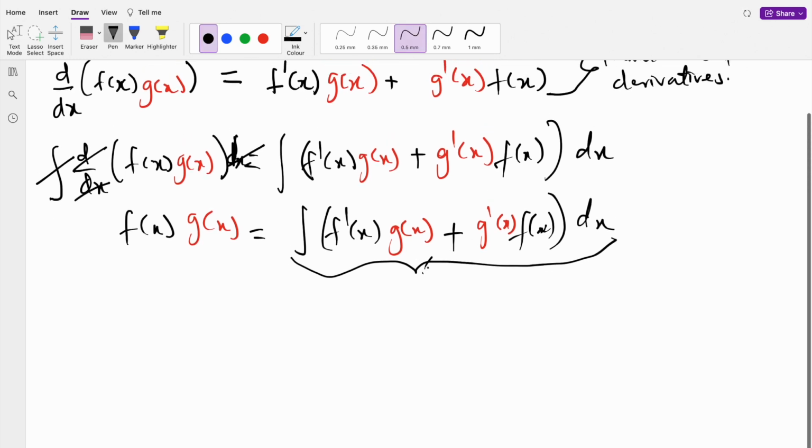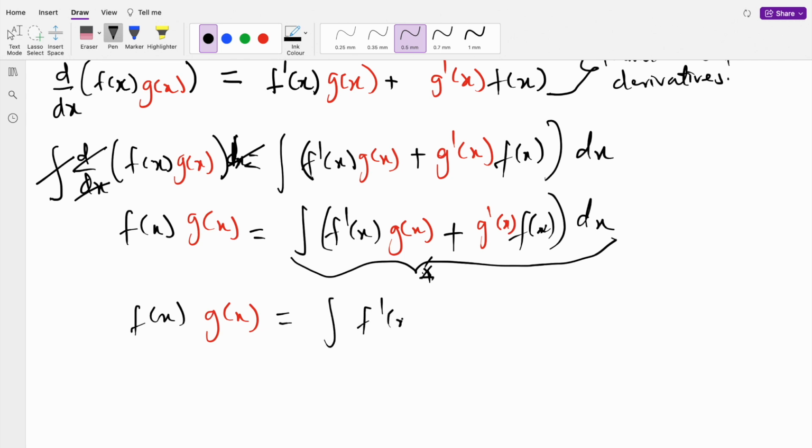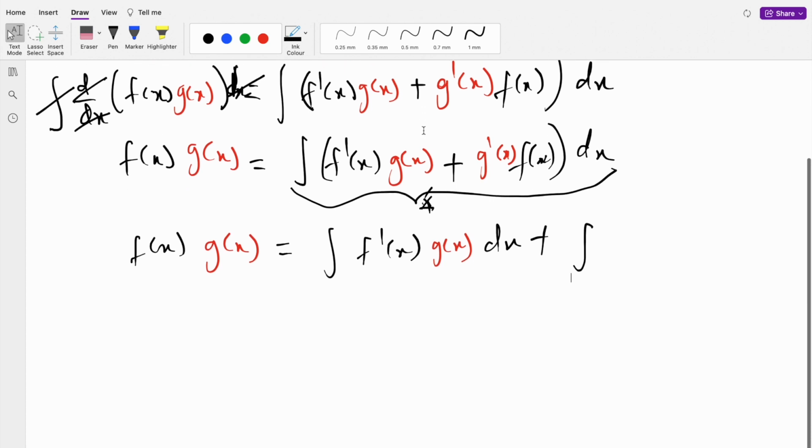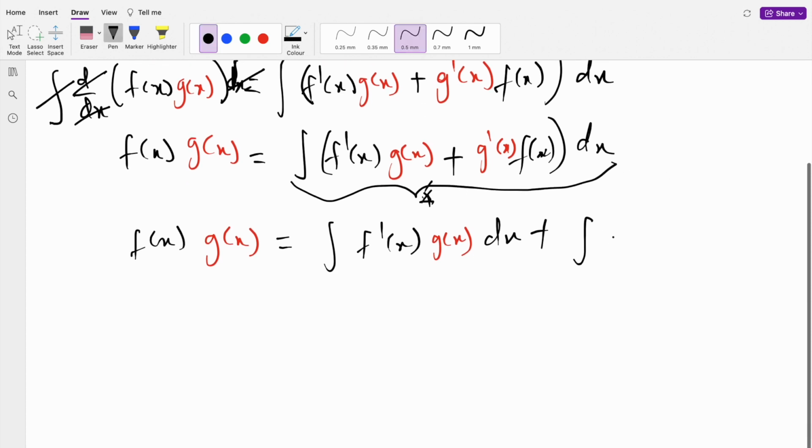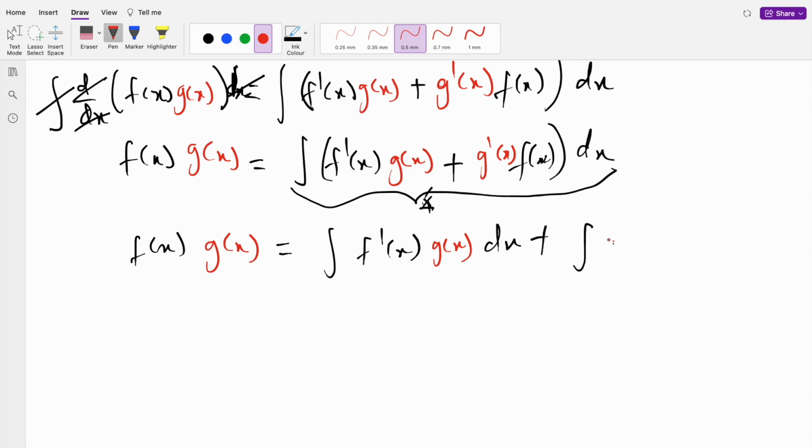I can split star here into f of x g of x equals the integral of f prime of x g of x dx plus the integral of g prime of x f of x dx.